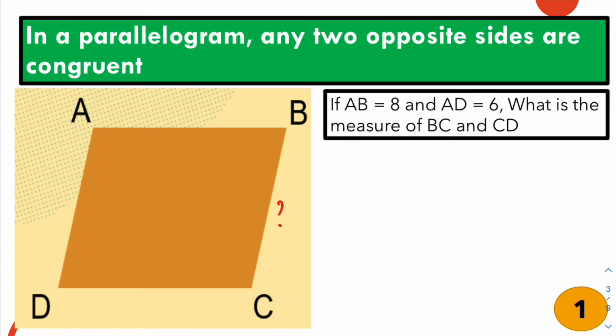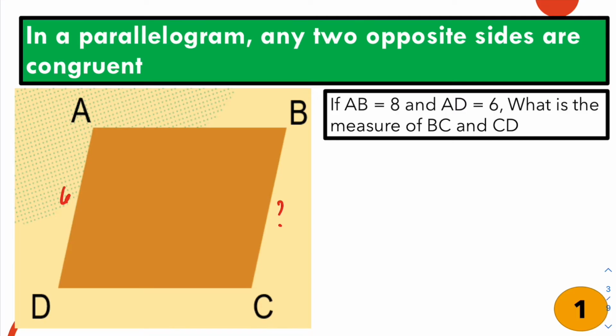Then the opposite side of side BC is side AD. And what is the measure of AD? Yes, that is 6. Now, according to our properties, in parallelogram, any two opposite sides are congruent.